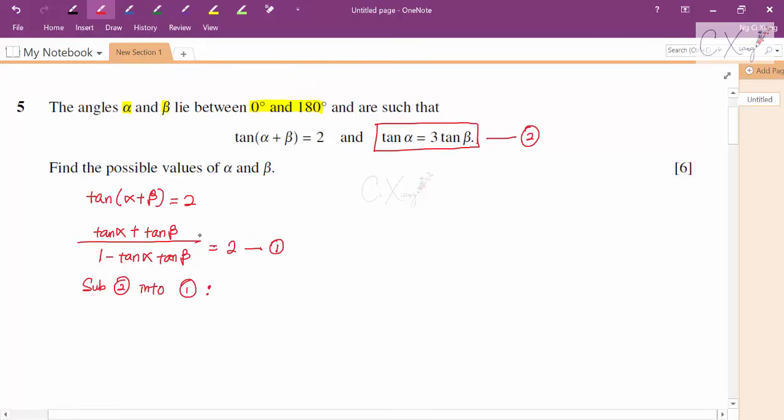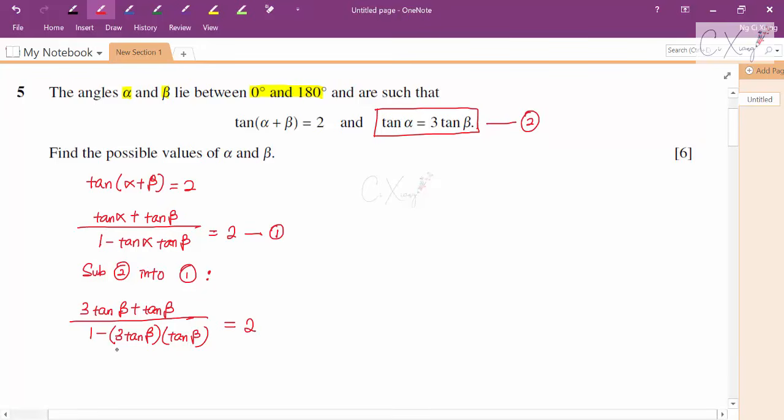Okay, so equation number 2 is tangent alpha equals to 3 tangent beta. Tangent alpha, I will write it as 3 tangent beta plus tangent beta divided by 1 minus 3 tangent beta multiplied with tangent beta, and it is equal to 2.